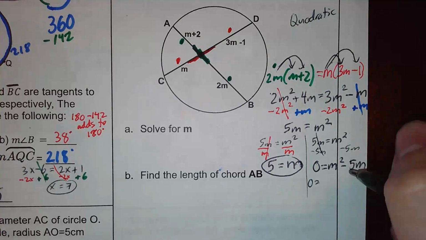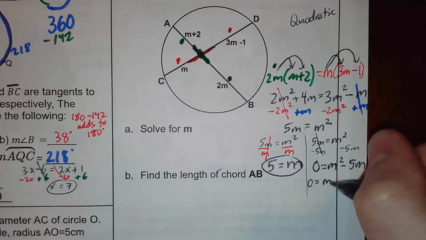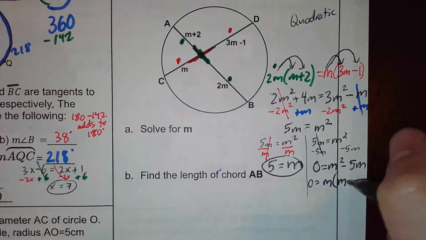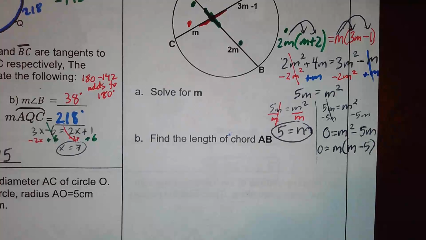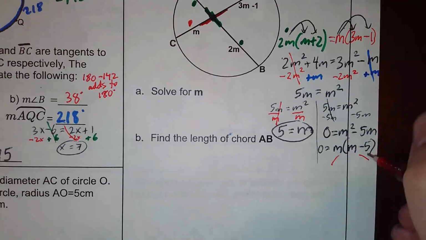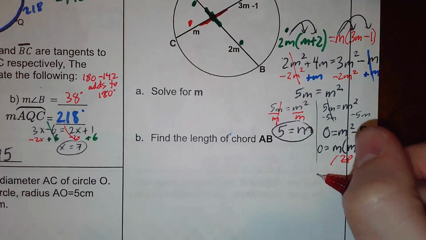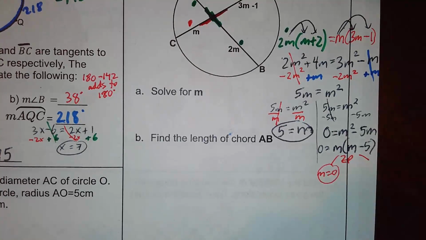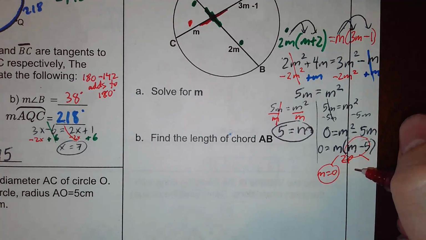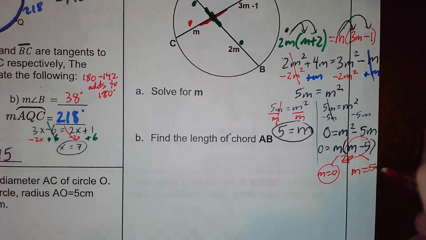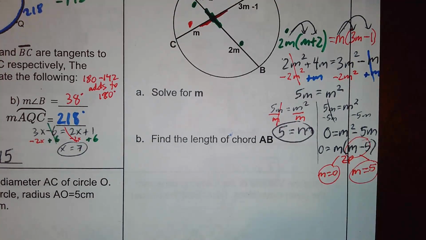I'm going to go ahead and factor since I know they have an m in common. It'll be m times m minus 5, just by factoring. And by using the zero product property, I'm going to get m equals 0 as one solution. And by switching the signs of this one, I'm going to get m equals 5 as my second solution.